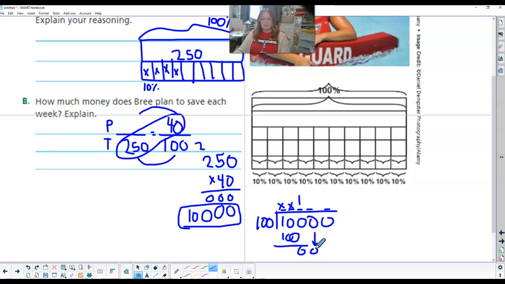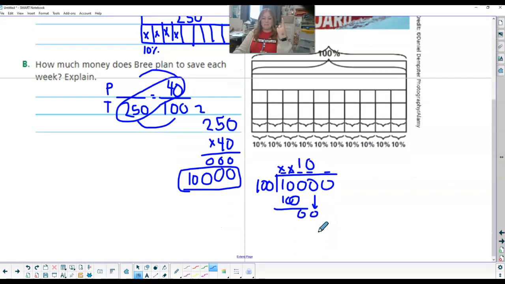I bring down my 0. 100 goes into 0 times. When something goes down, something has to go up. And that's 0. And I bring down my next 0. When something goes down, something has to go up. 100 goes into 0 times. Here's my answer, 100.